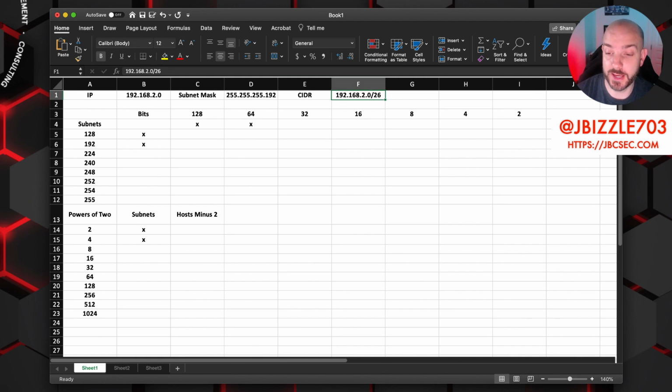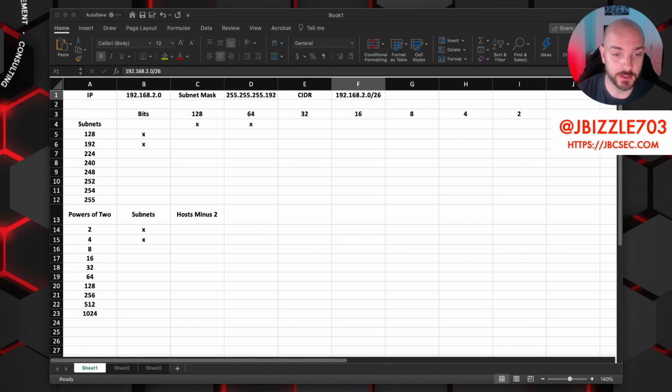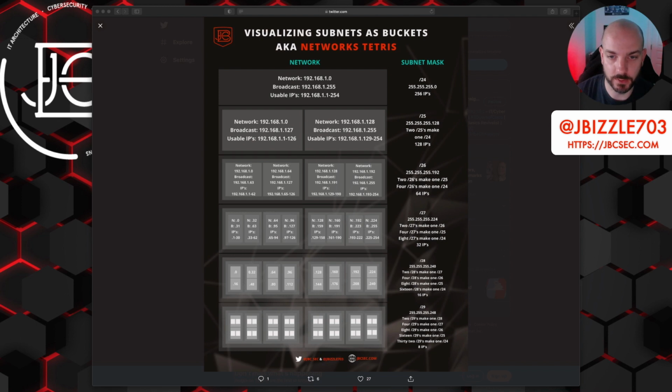If we were to go back over to that diagram that I had, that will show that to us. Let's go back here. You'll see here when we're talking about 26 and a 192, you can see that those correlate together. And that's because starting at 24, every time we make the subnet and break it up into smaller bits, we keep making the number a little bit larger, 25, 26, 27, all the way up until what would be a /32, which is just one individual host.